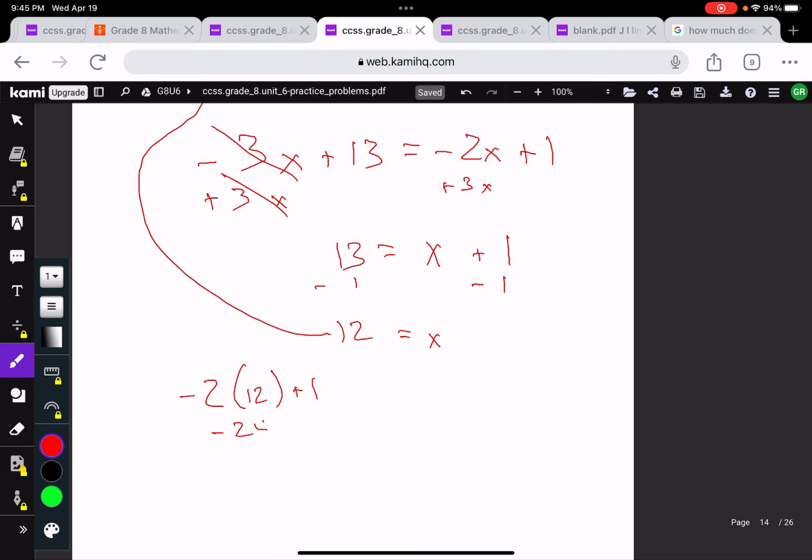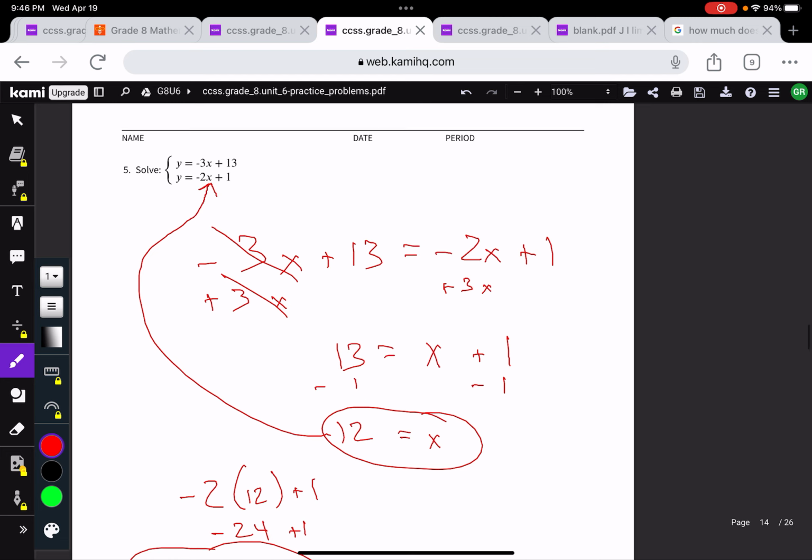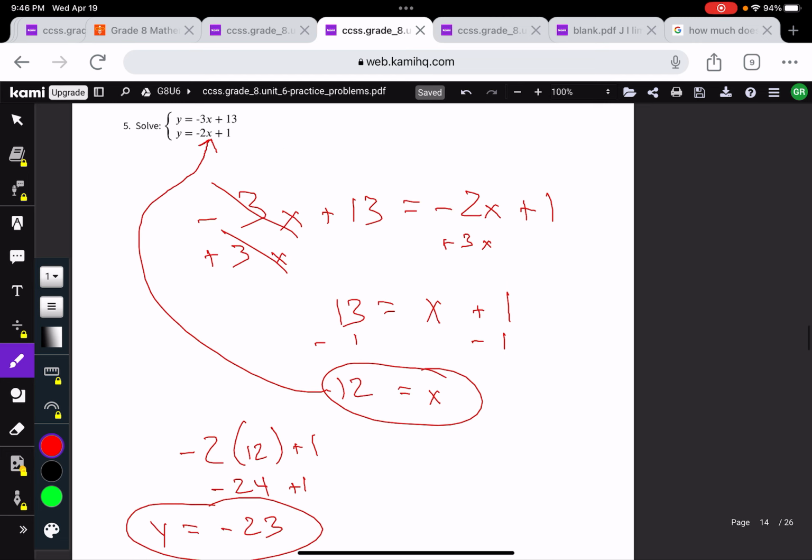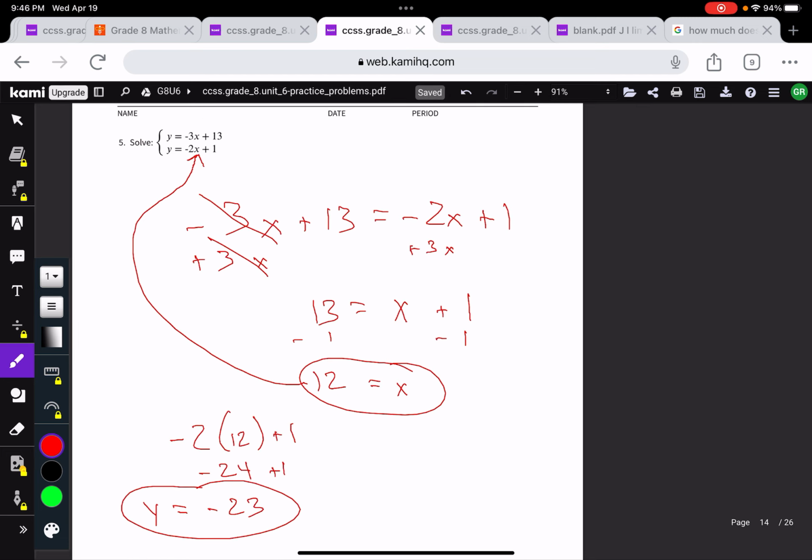I get negative 24 plus 1, and y equals negative 23. So I got to circle that. Now it's a freebie, maybe you pause it, who knows. But that's a little bit of a review there. So go ahead and finish the rest of this.